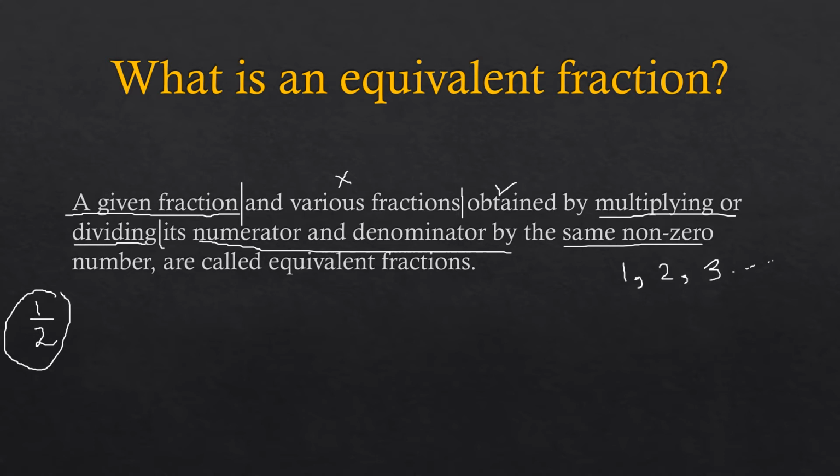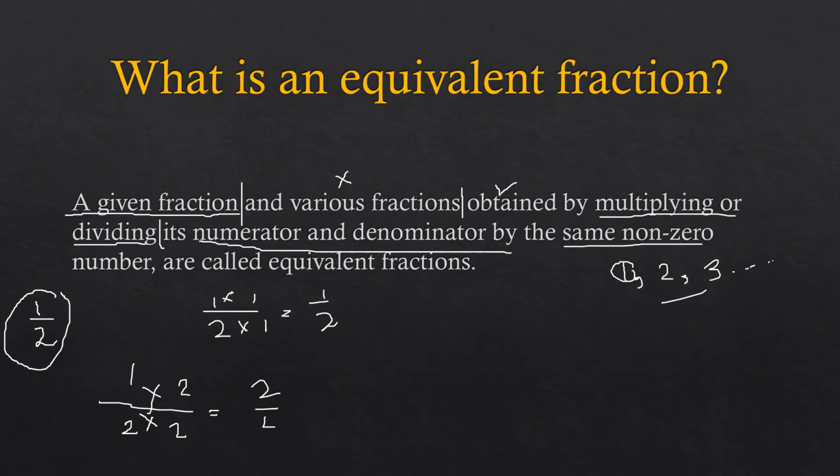If we multiply the numerator and denominator by 1, we will get the same fraction. So we do not use 1, we start from 2. When the fraction 1 by 2 is multiplied by 2, we get 2 by 4.